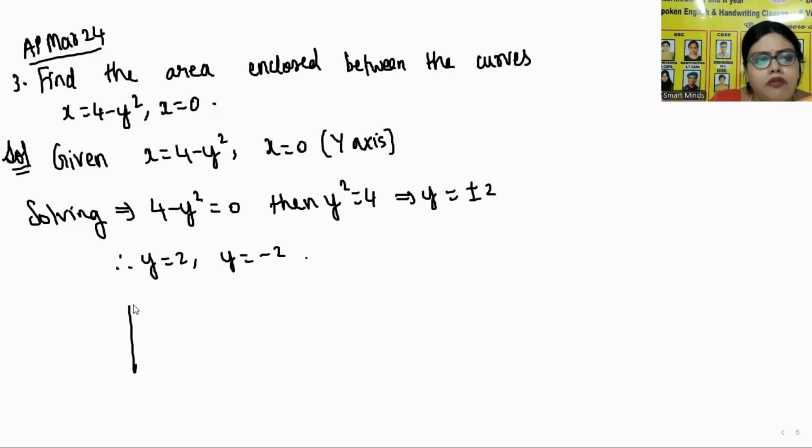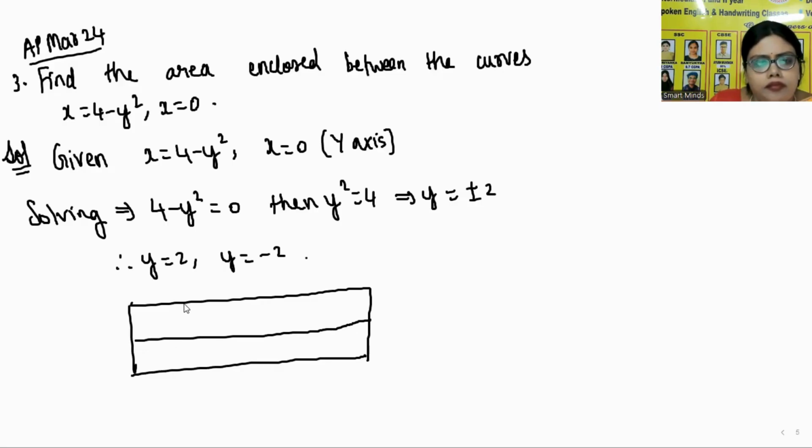Okay. Now, if we make a table, now x and y, we take minus 2, 0 and minus 2. So, y values will be 0, 4 and 0.